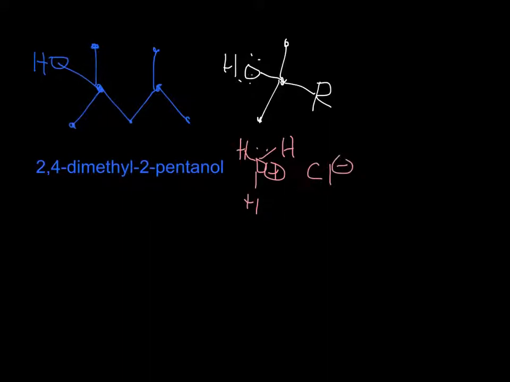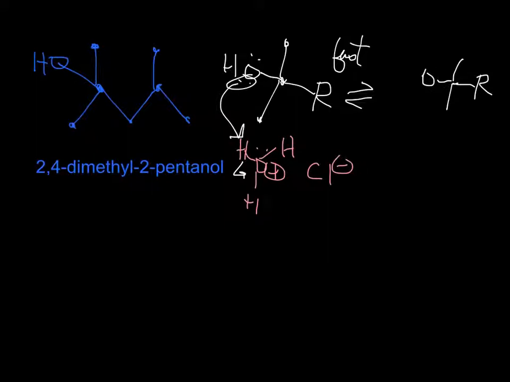The first step is protonation. Remember, it's fast and reversible. And so we'll be left with the alkyl oxonium ion, a water molecule, and the Cl minus.